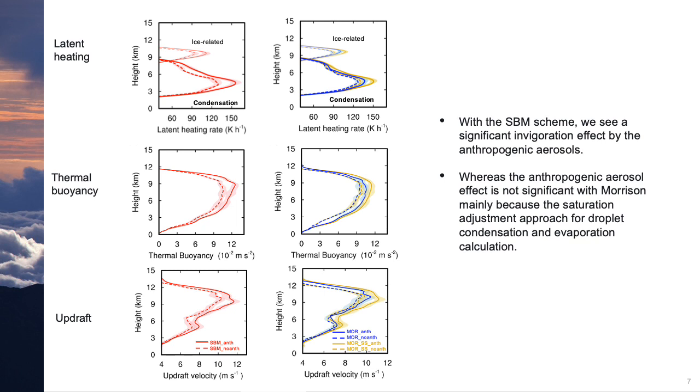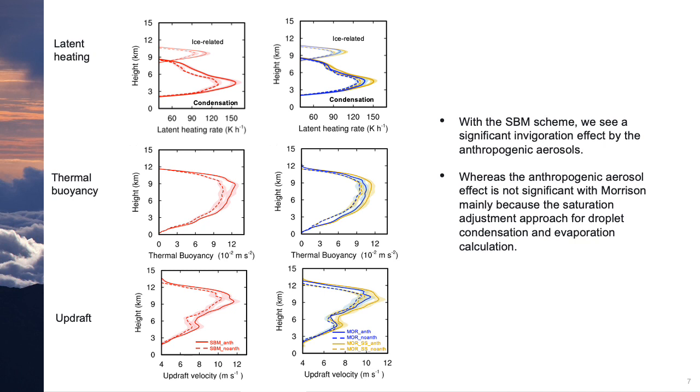This is because the saturation adjustment in Morrison removes the dependence of condensation on droplet properties and also limits the ice processes by a more efficient conversion of droplets into raindrops. That leads to fewer cloud droplets being transported to the altitudes above the freezing level.